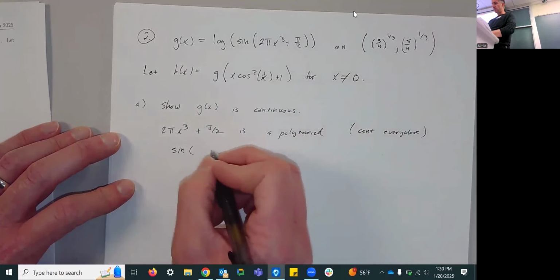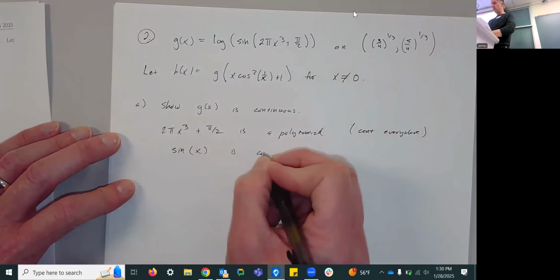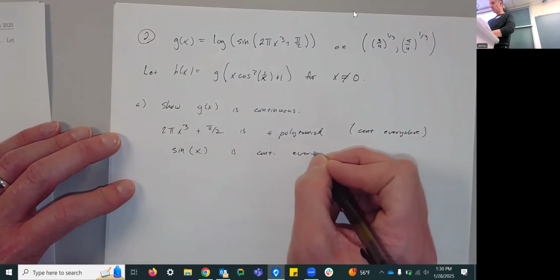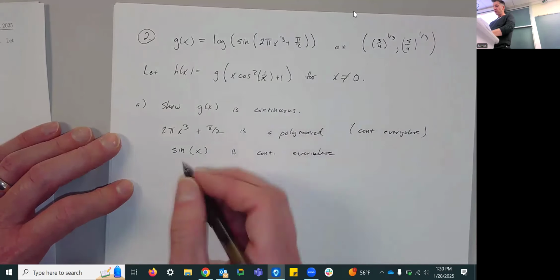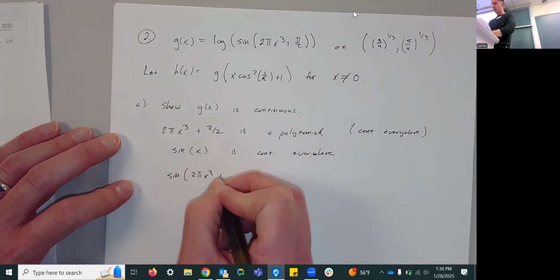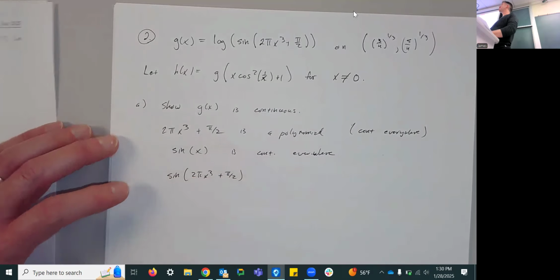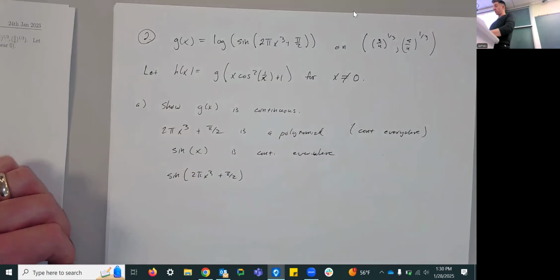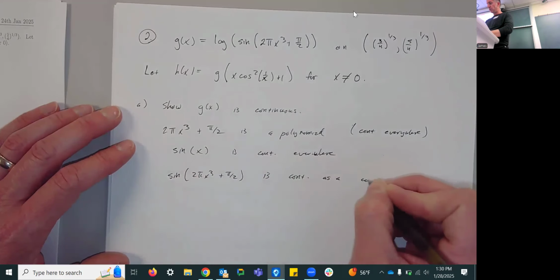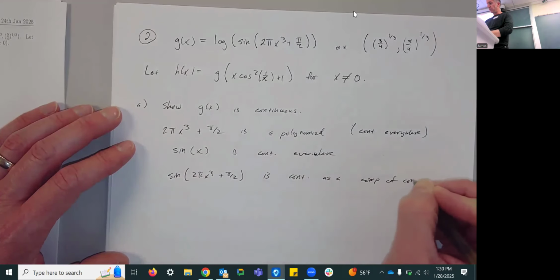Sine of anything is continuous everywhere. So it's already okay to say that sine of 2 pi x cubed plus pi over 2 is continuous as a composition of continuous functions.